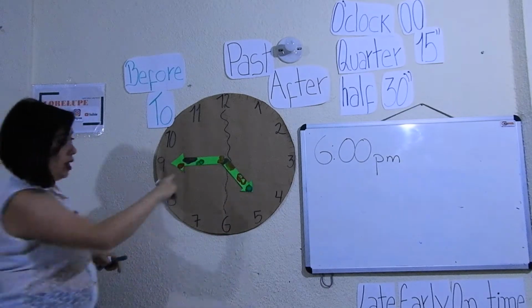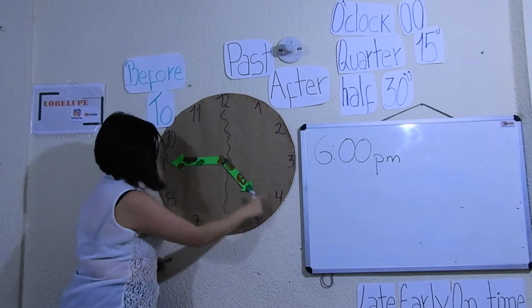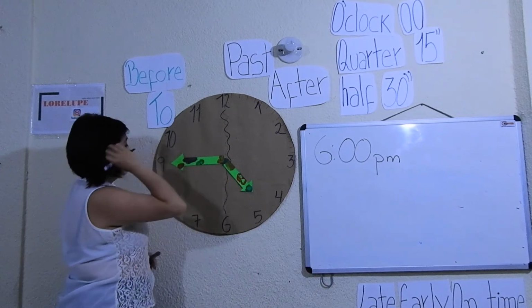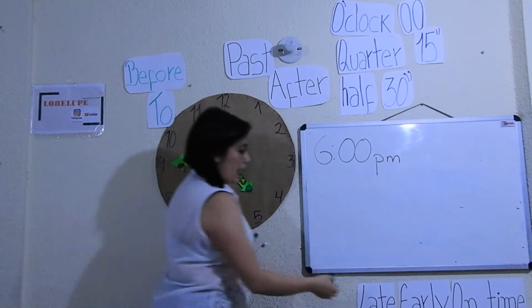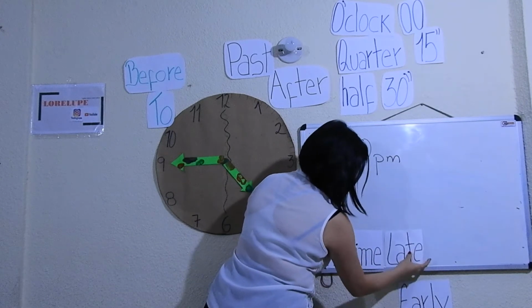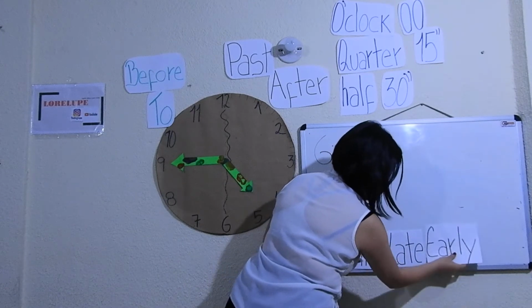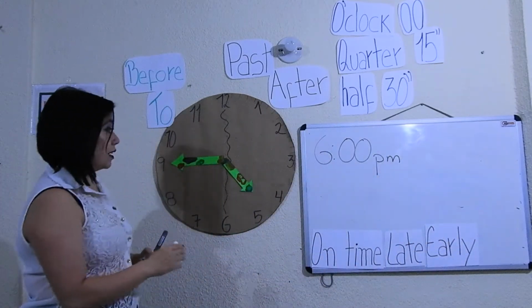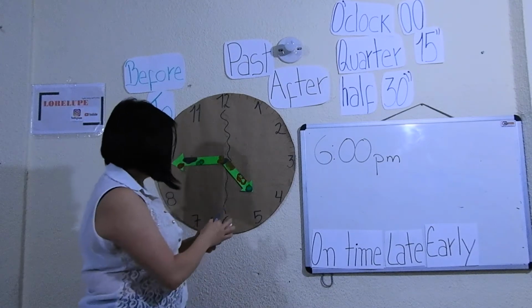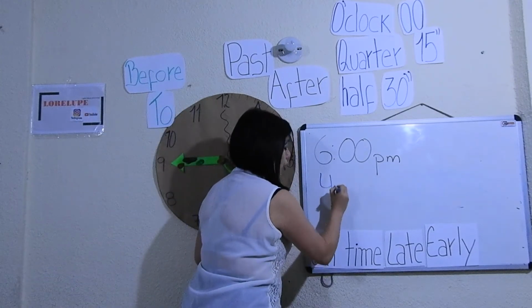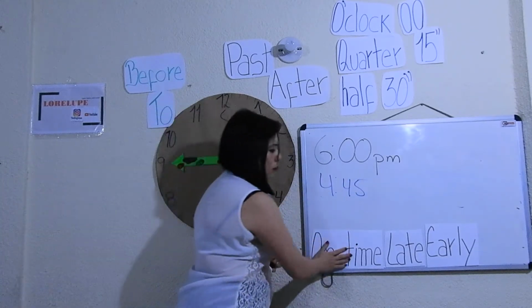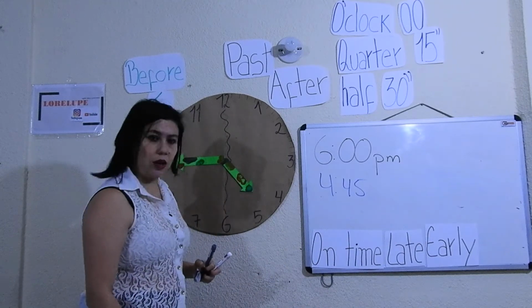In this moment, according to this information, it's 4:45. Am I on time, late, or early? So, si mi película es a las 6 de la tarde y en este momento digo que son las 4:45, ¿cuál crees que es la expresión que más se acomoda?